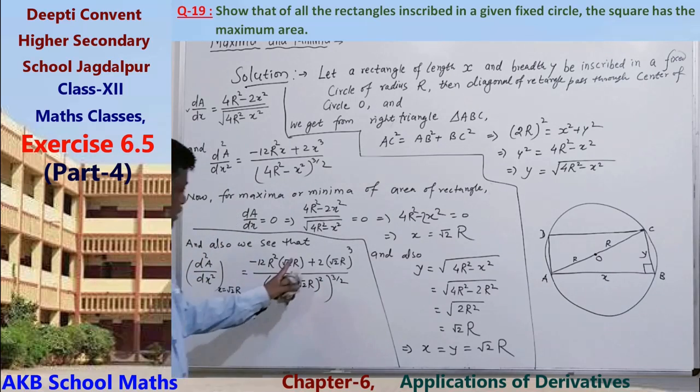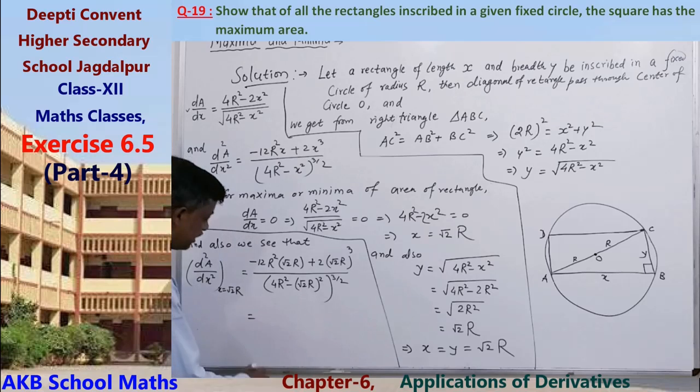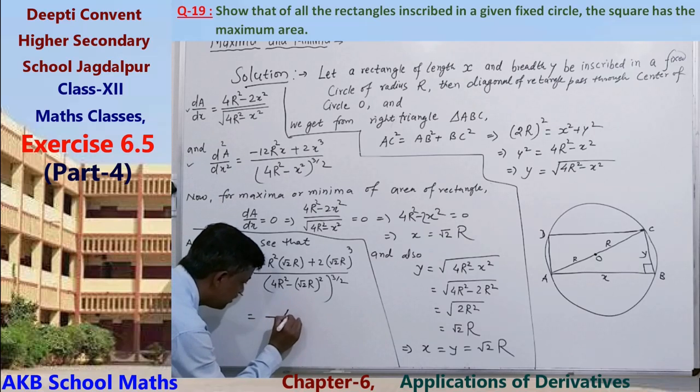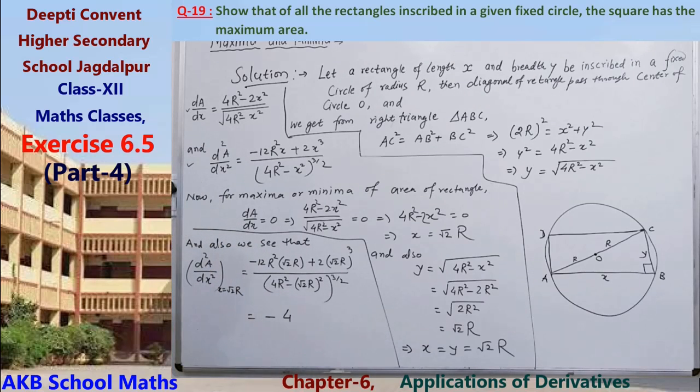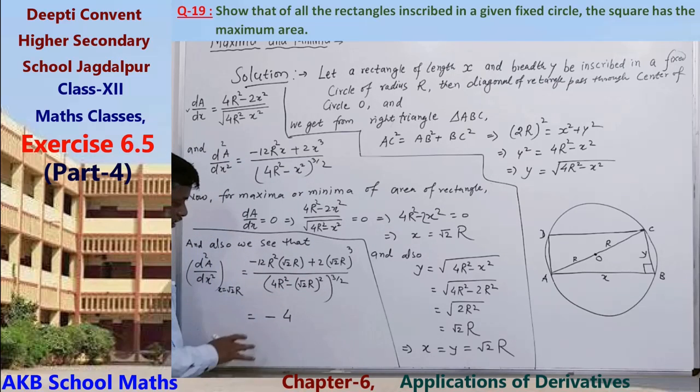Okay. By solving this, we can get minus 4. You can solve it. You can get like this.